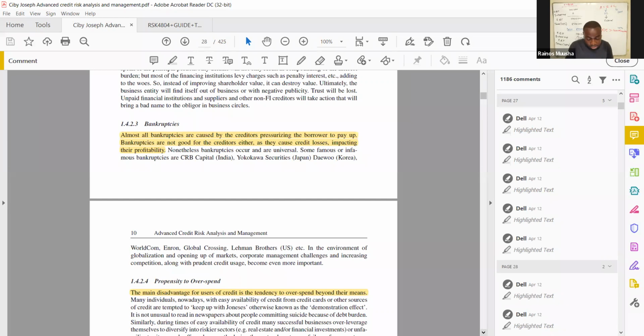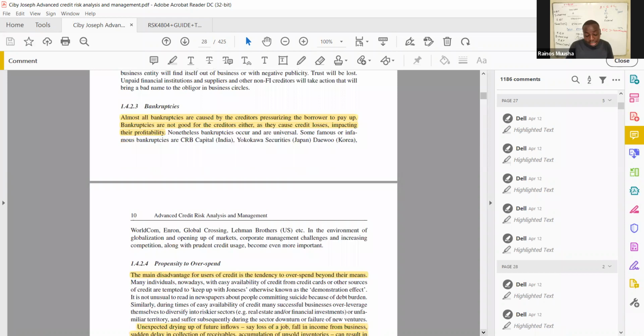The more debt financing you're getting, the higher the probability that you might end up defaulting on your obligation. It basically means that the more debt financing an entity has, the higher the probability of it defaulting on its obligation and being declared bankrupt as well.